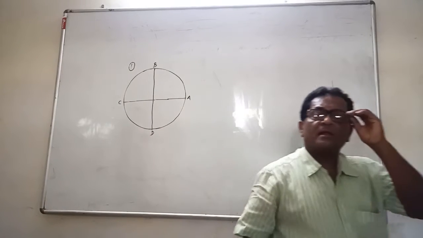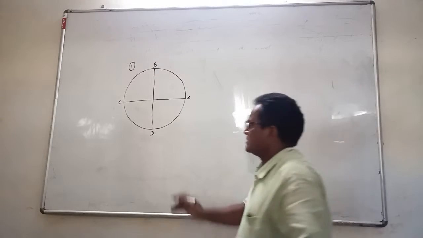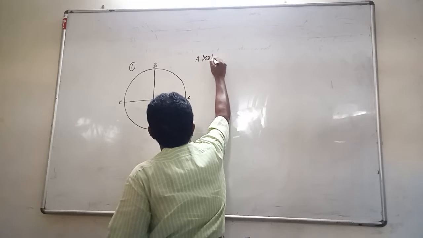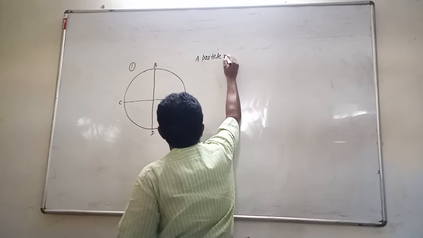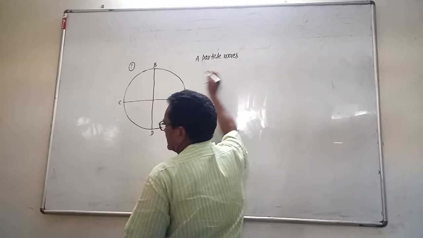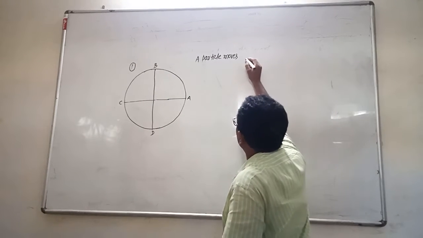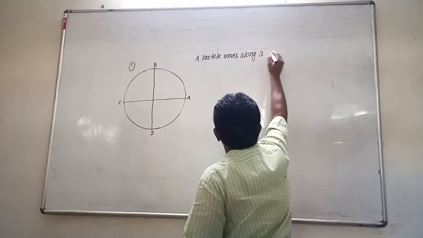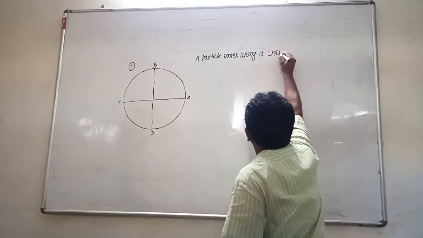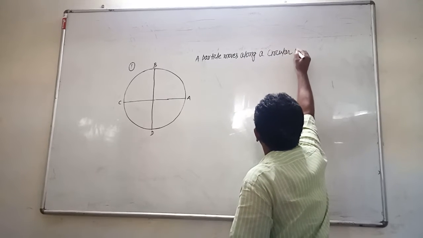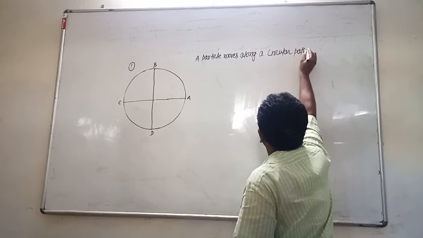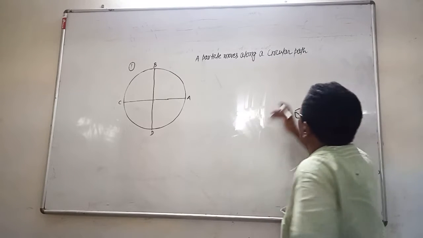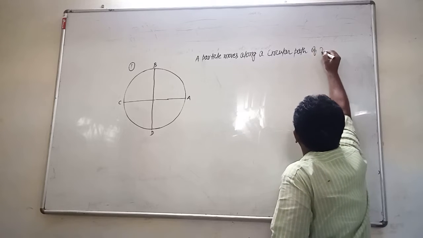The question is, a particle moves along a circular path of radius r.